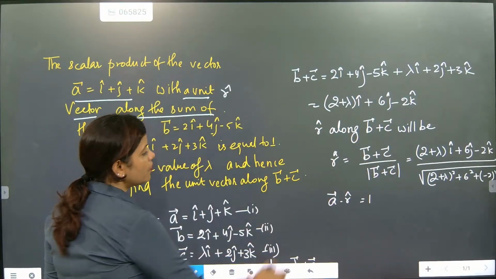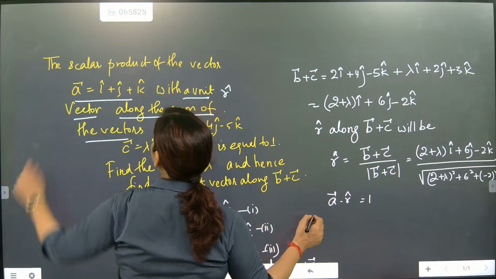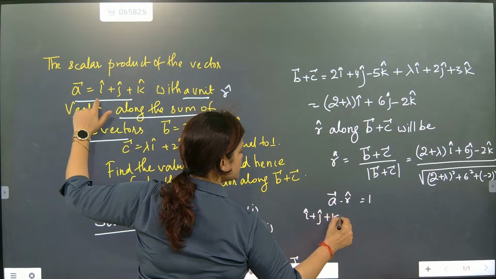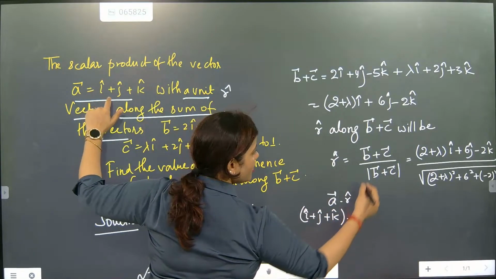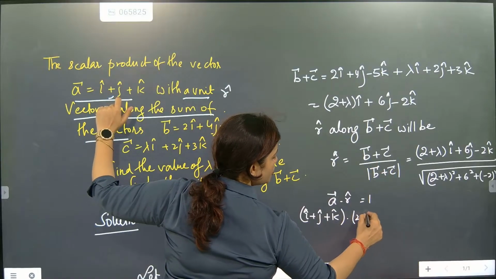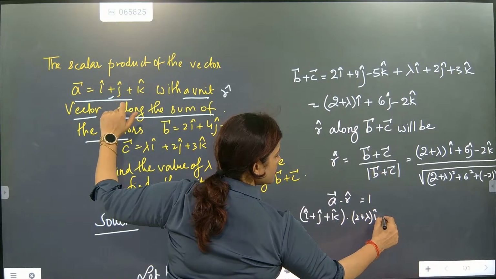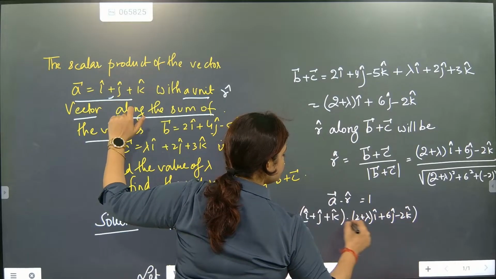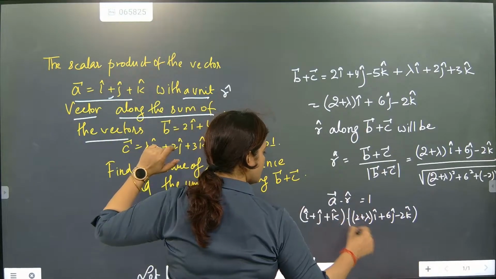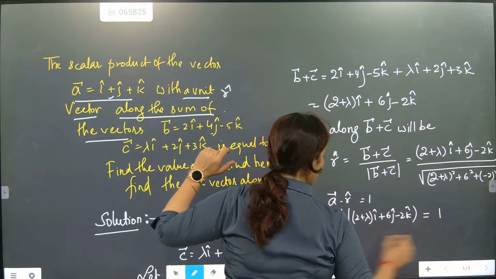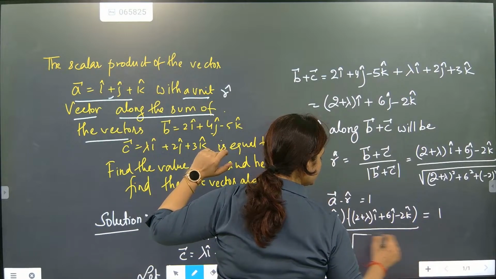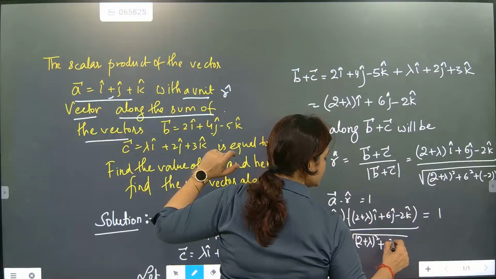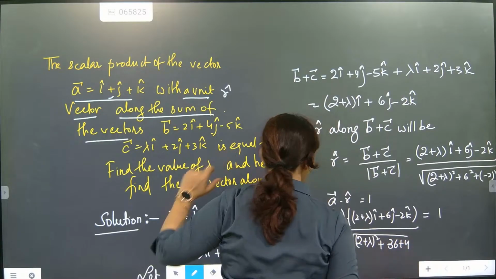Done? So beta, what is a vector value? i plus j plus k. Dot product of r vector value, 2 plus lambda i plus 6j minus 2k, that will be equal to 1, and the denominator part is the square root of (2 plus lambda) whole square plus 36 plus 4.